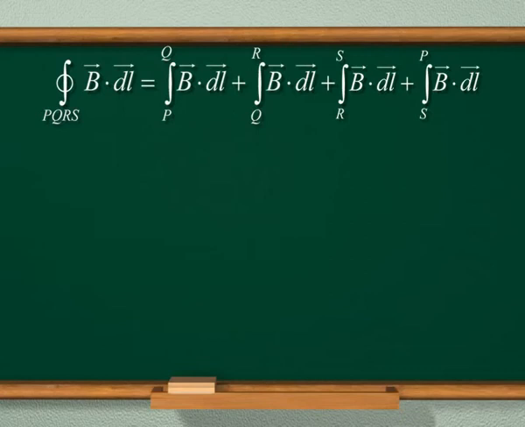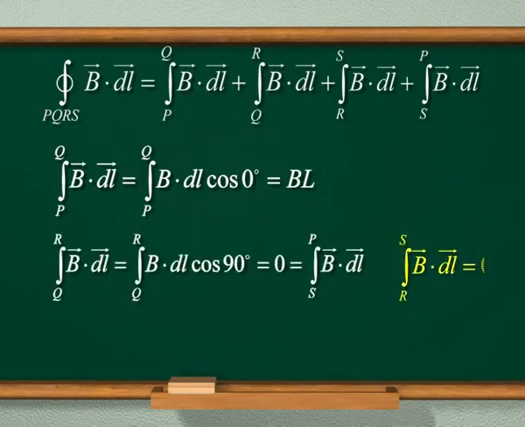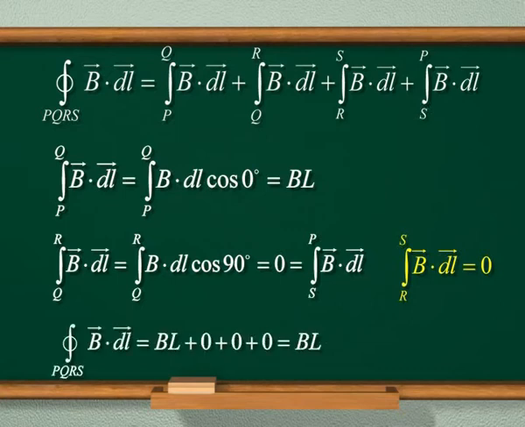Here, the line integral of B over PQ is equal to BL, whereas over QR, over SP and over RS, it is 0. Therefore, the line integral of B over PQRS is equal to BL.